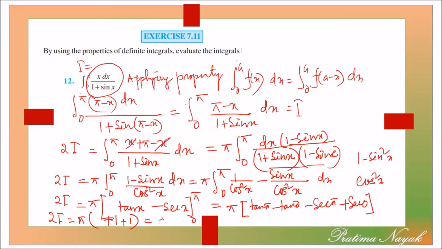So 2 pi. So how much will be I? I is equal to pi. The answer is that the integration from 0 to pi of x dx by 1 plus sin x is equal to pi.